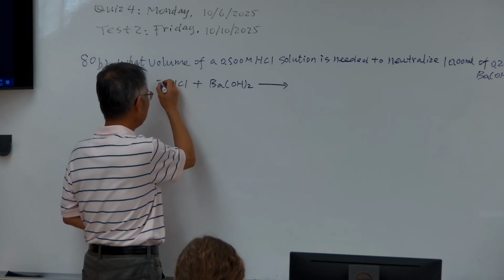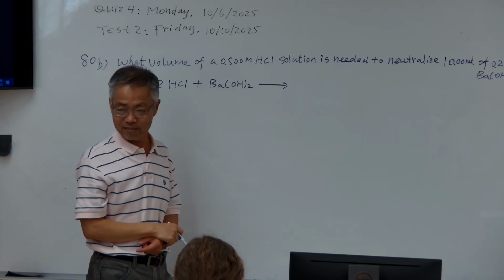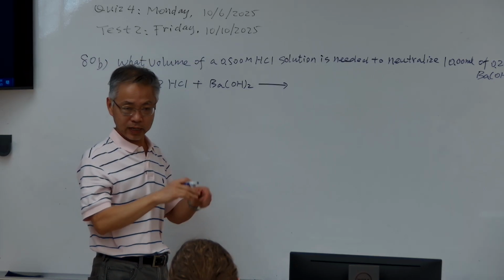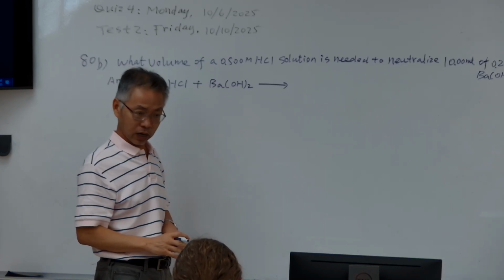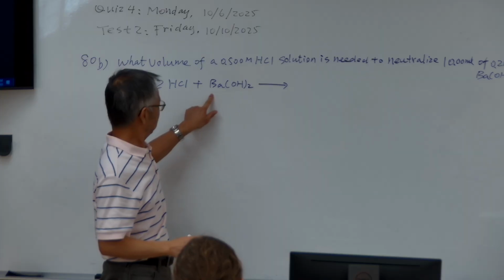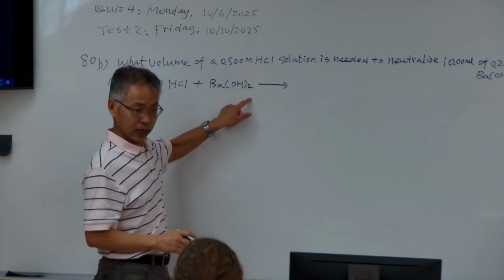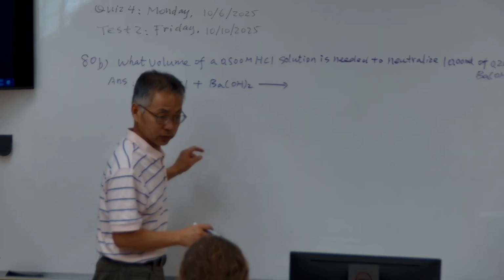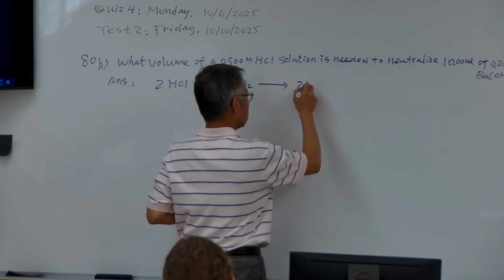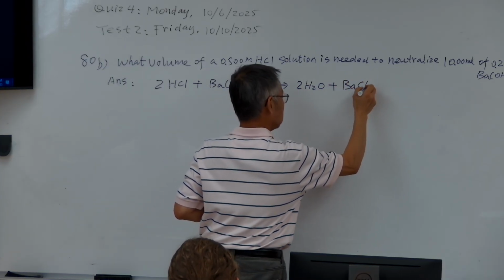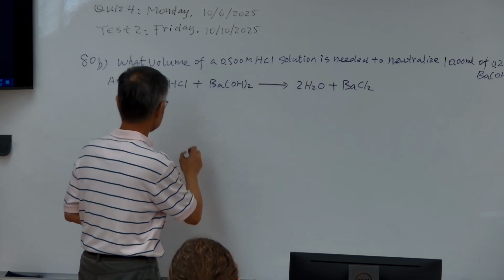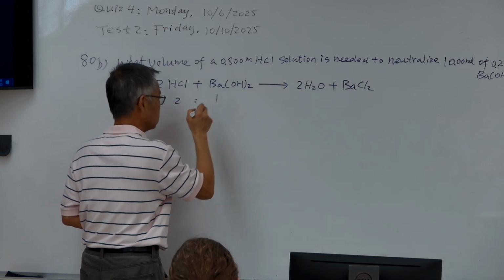Then you need 2 hydrogen. Any acid-base reaction is 1 hydroxide reacting with 1 hydrogen. Then Ba(OH)2, you already have 2 hydroxide, then you must have 2 hydrogen, then produce 2 water. The rest is a salt.